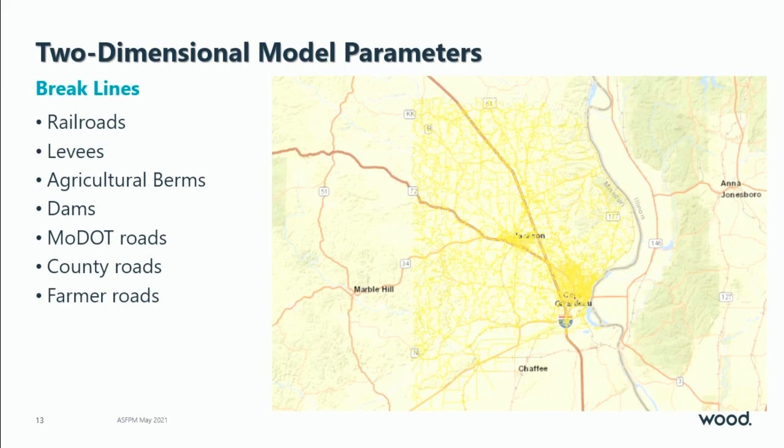Break lines are basically a line along the high points of railroads, levees, ag berms, dams, roads of all types. Any of those places where there's enough of an obstruction and enough of an embankment to divert enough flow to make a difference in the flood risk data calculations.